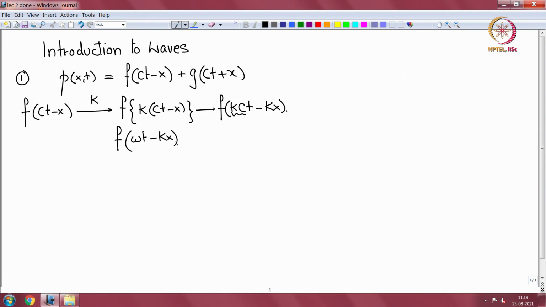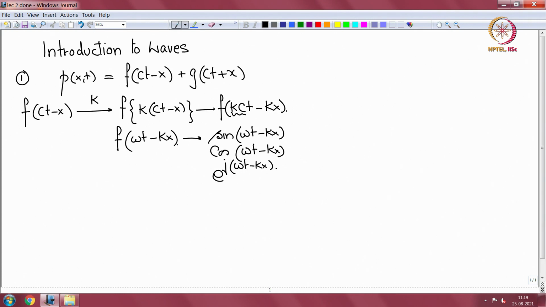Now if omega happens to be a single frequency, then this has to be written either as a sine omega t minus kx or cos omega t minus kx, or in a combined sense the phasor notation e to the power j omega t minus kx. That's one point I wanted to make.